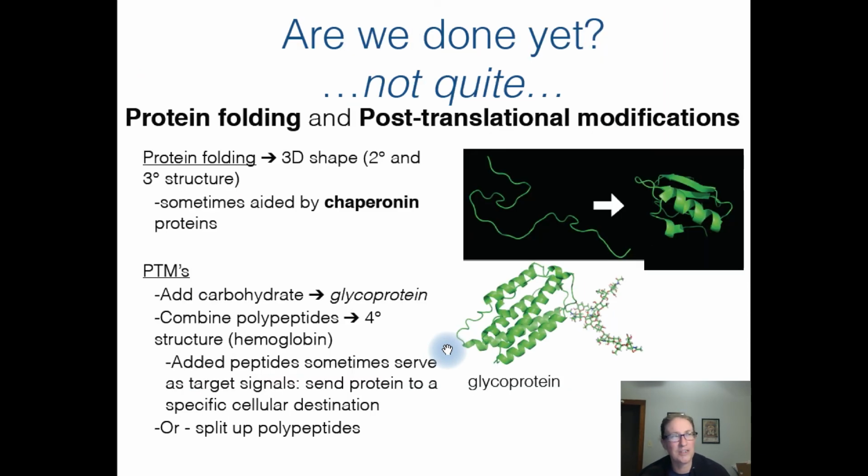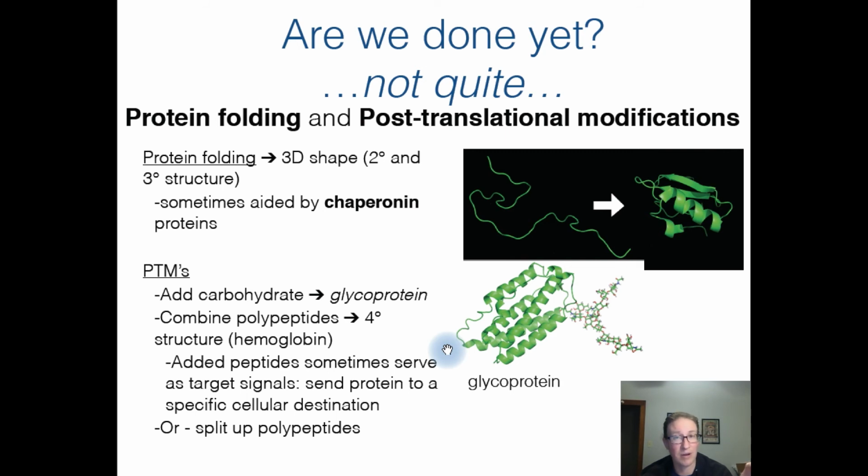We're actually not quite done at the point where we have finished translation. In some cases, as soon as translation ends, we may have the new protein of interest, but in a lot of other cases, there's still a more involved process for folding that protein into its final configuration, and there can be some additional modifications that take place after translation.